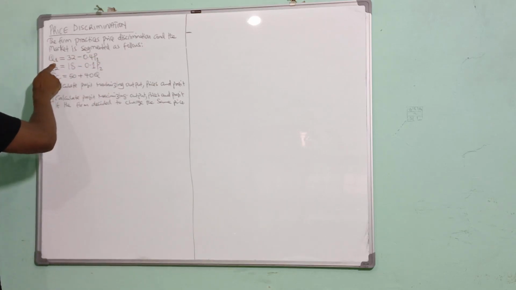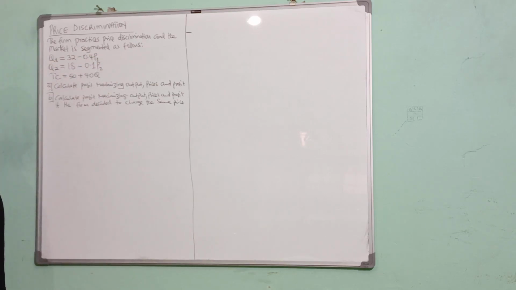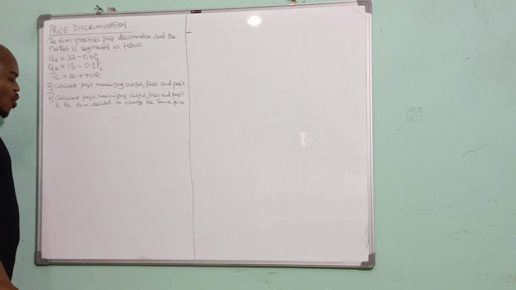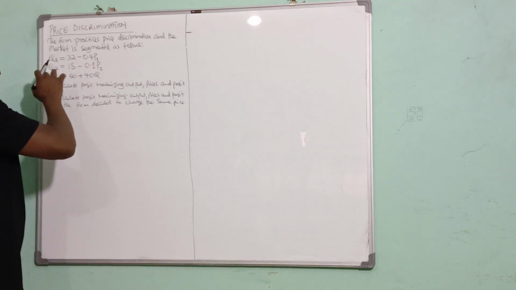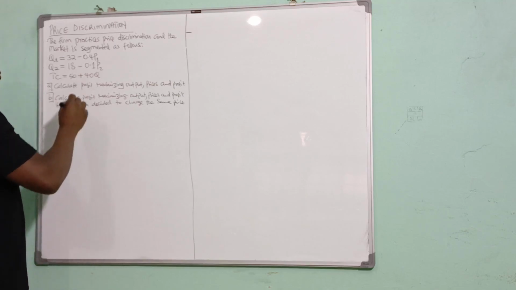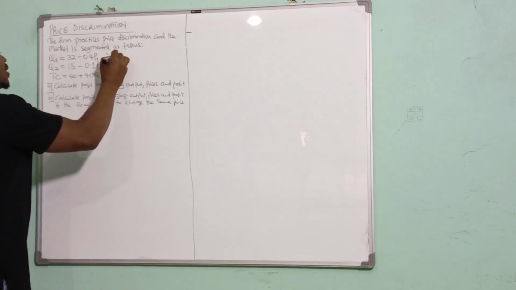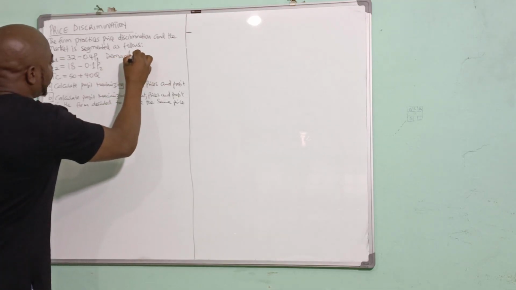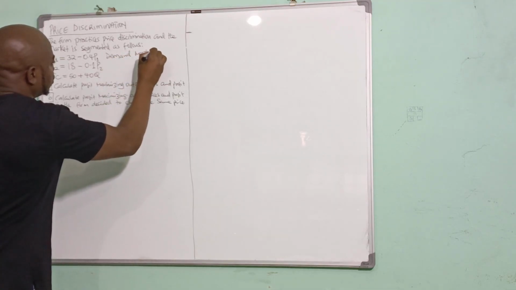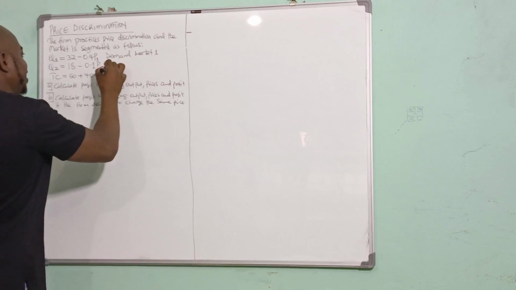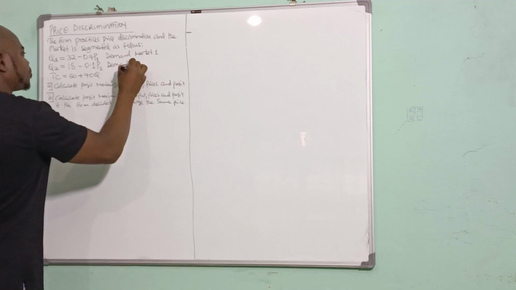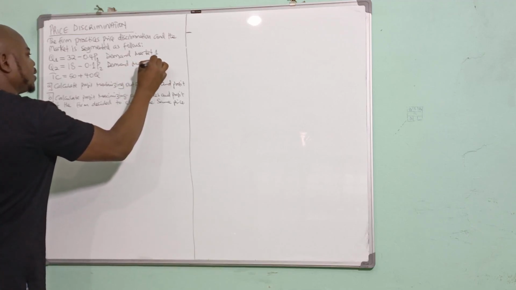So there is market 1, where we have Q1 is equal to 32 minus 0.4 P1. So these are the demand equations for the two markets, demand in market 1 and demand in market 2. All right.